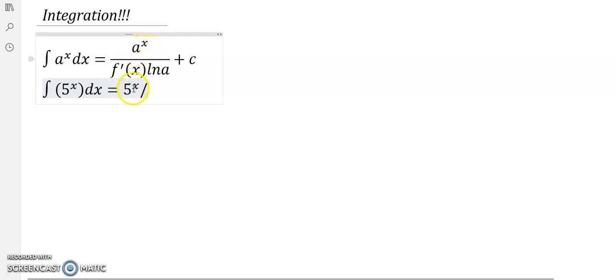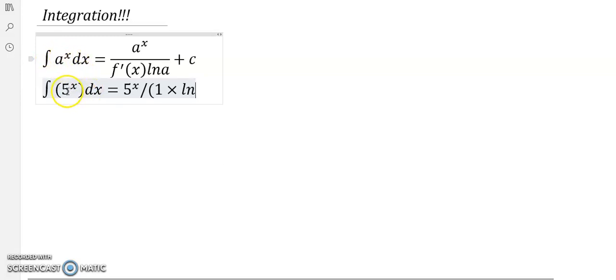In our case, we have 5 to the power x, and the derivative of x will give us 1, meaning that we're going to have 1 times ln, and in place of a, as you can see, a here is a to the power x.